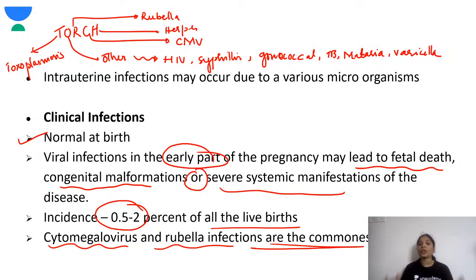That is why make a chart and write down the specific pointers for each illness so that you will be able to revise better. All the illnesses will be on one page, in one chart, so it will be easy. The entire topic of congenital and perinatal infections can be done with just one rapid read, right?